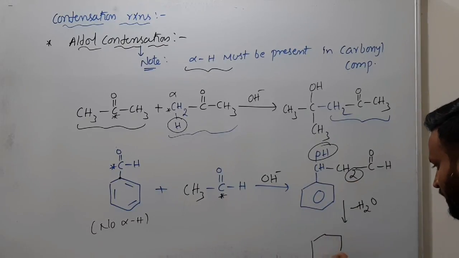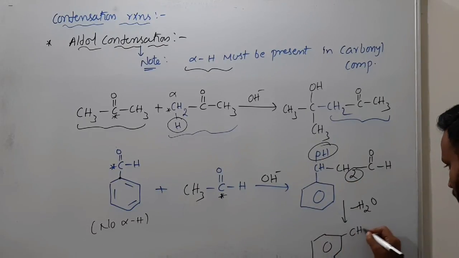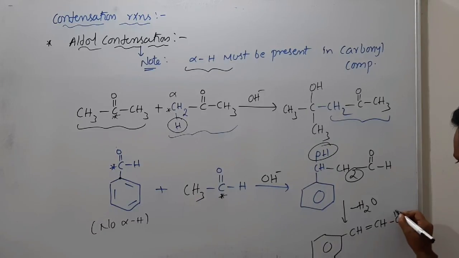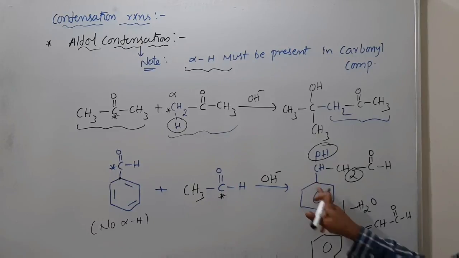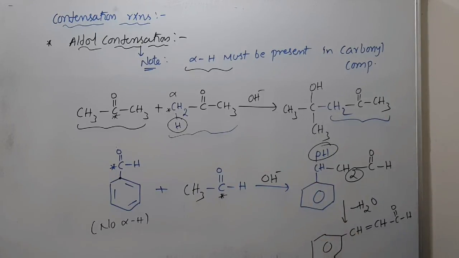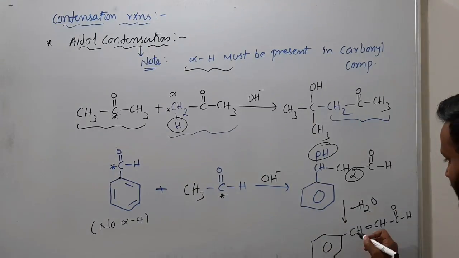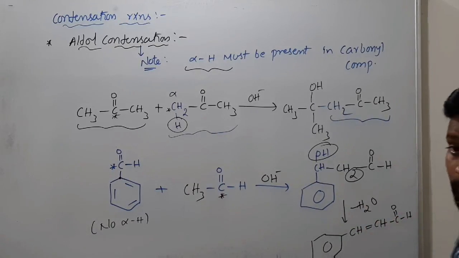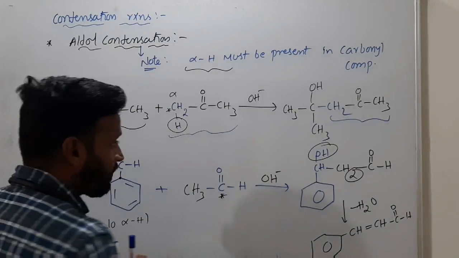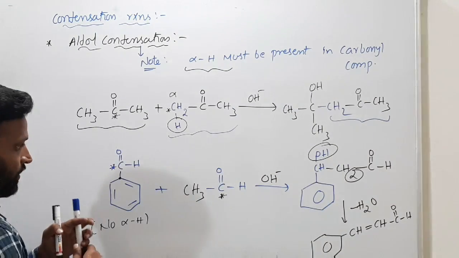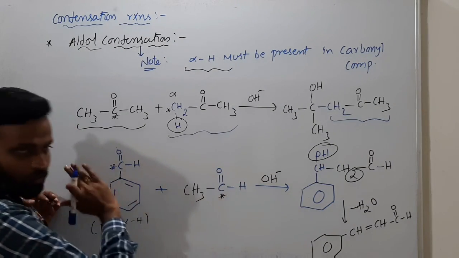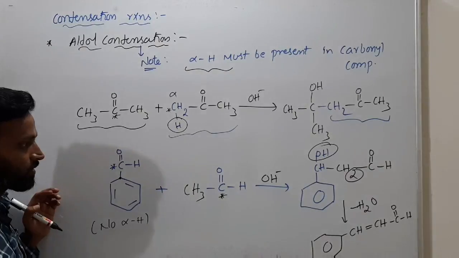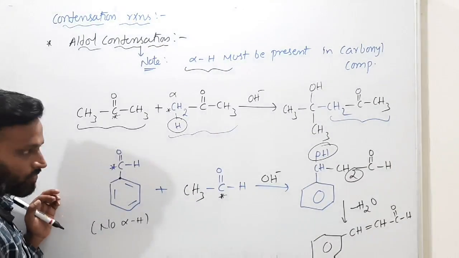Then you will get C6H5, CH double bond CH, C double bond O H. Here you have a group, but I write it just for convenience. So CH double bond CH, C double bond OH. So you have to write the product. If it is the same, write it down. First take a screenshot.